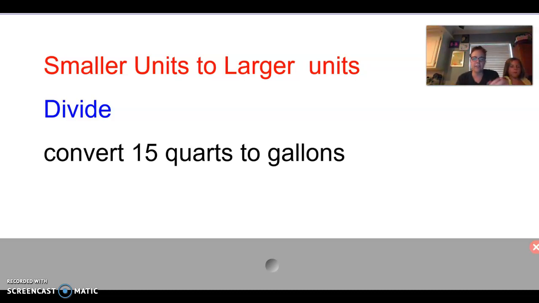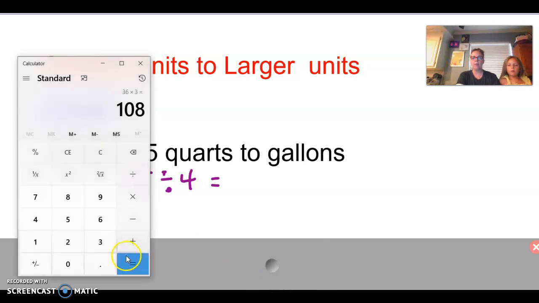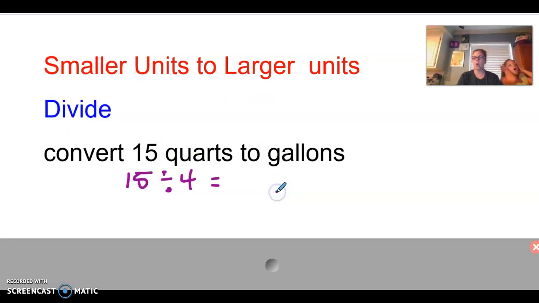So you're going to do 15 divided by 4. Okay, so it's going to be a decimal, which is fine. 15 divided by 4 is 3.75, or 3 3/4.